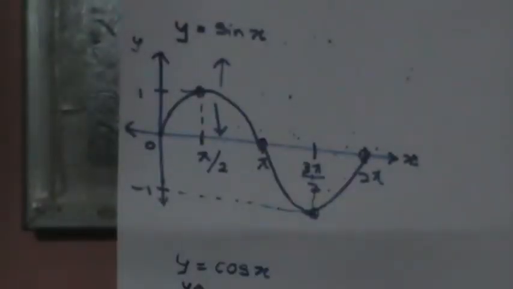Alright. Okay. So y is equal to minus sin of (x plus 60) by 3.